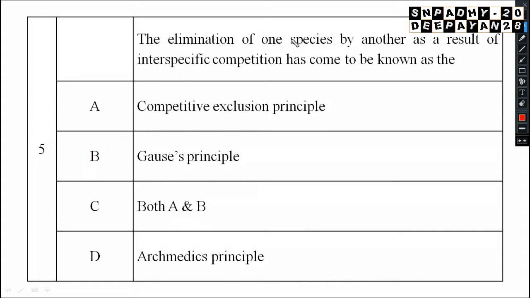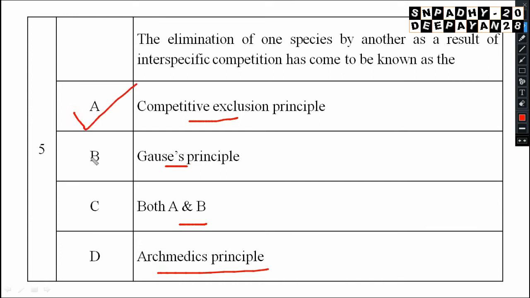The elimination of one species by another species as a result of interspecific competition is known as what? What is the principle name? Options are competitive exclusion principle, Gause's principle, both A and B, and Archimedes principle. Which one is the answer?